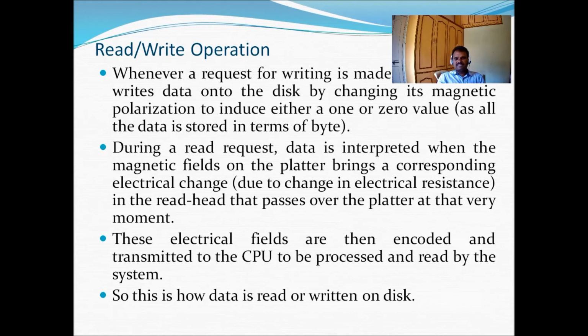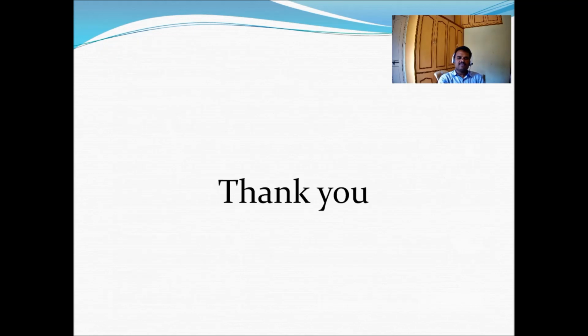During a read request, data is interpreted when the magnetic fields on the platter produce a corresponding electrical charge due to the change in electrical resistance in the read head passing over the platter at that moment. These electrical signals are then encoded and transmitted to the CPU to be processed and read by the system. So this is how data is read and written on the disk.